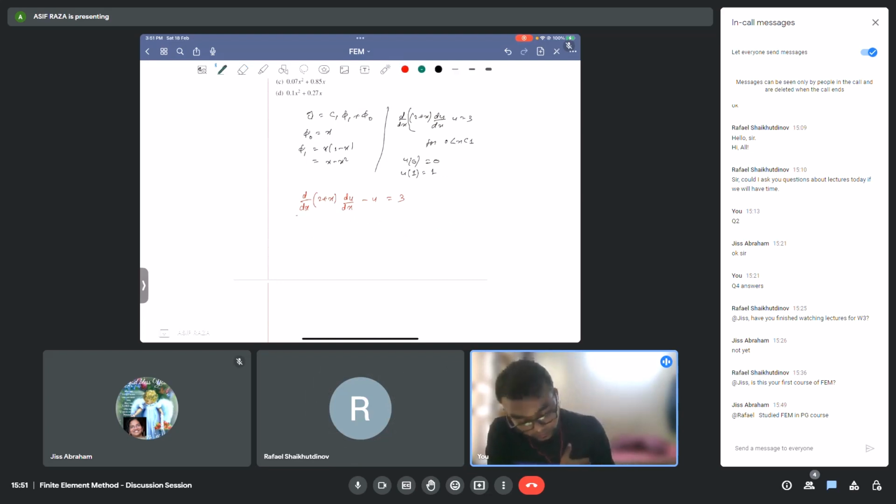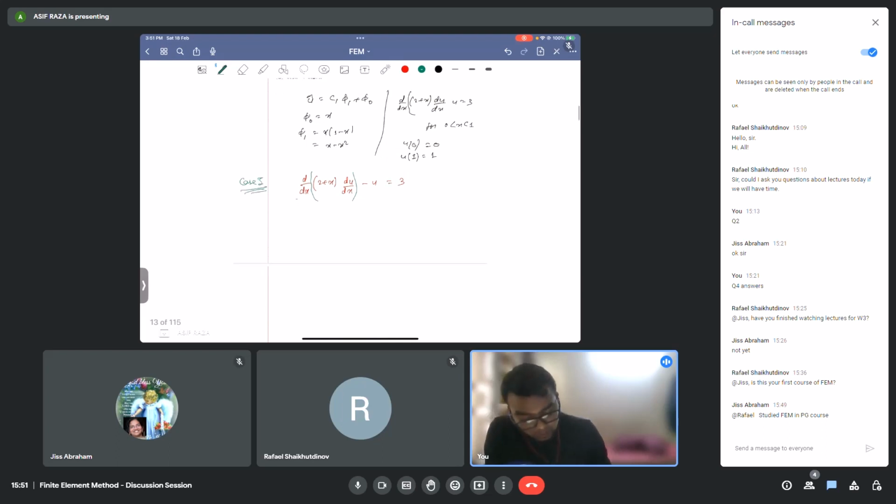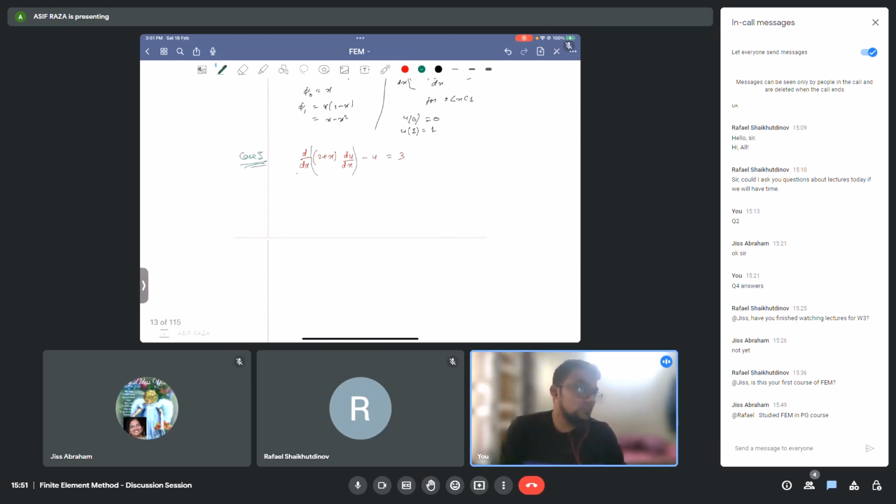Let's try both ways. Let's see what solution we have with respect to the governing equation as this. So let's take it case-wise. This is case 1, when we take the differential acting on both 2 plus x as well as du by dx.